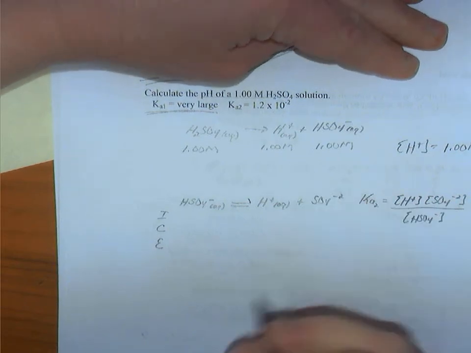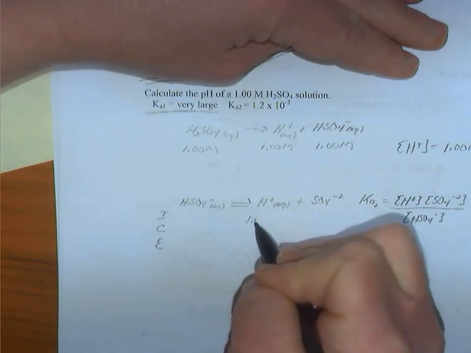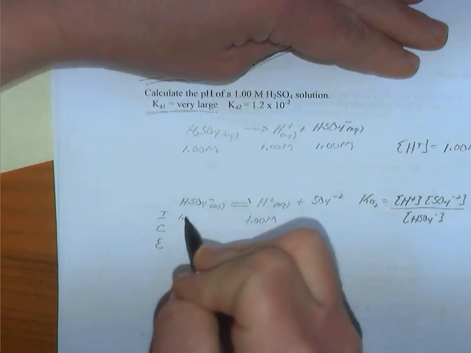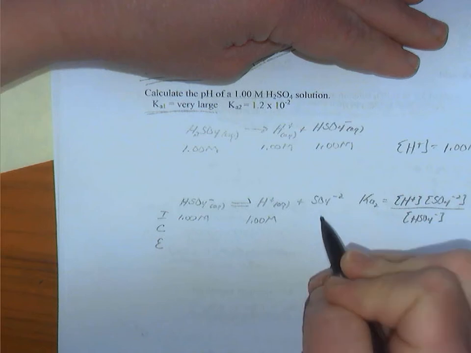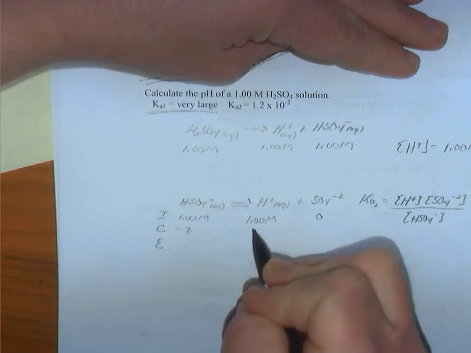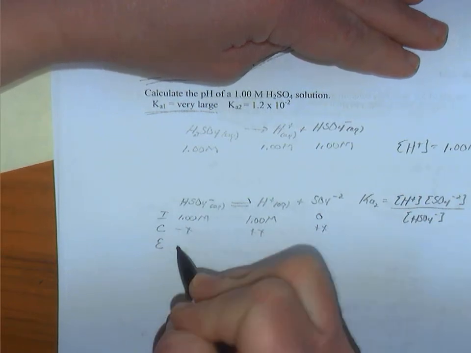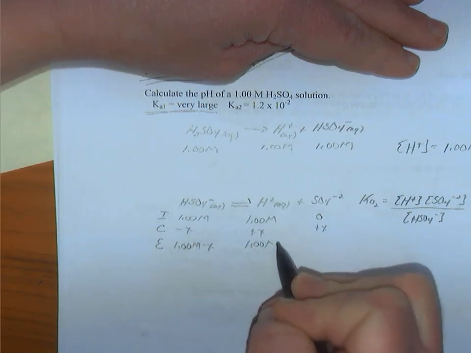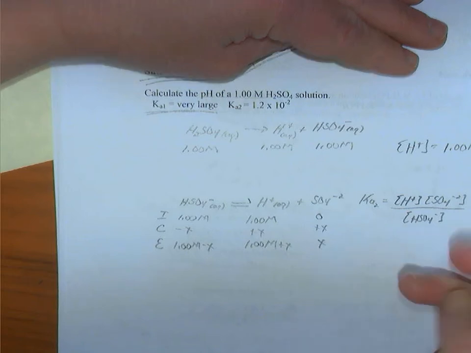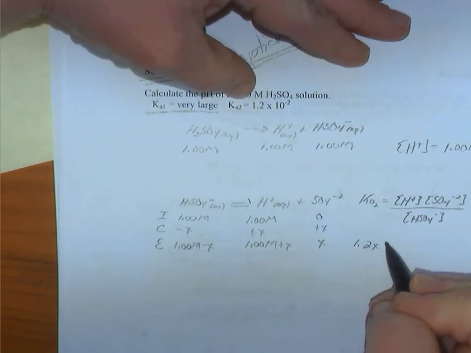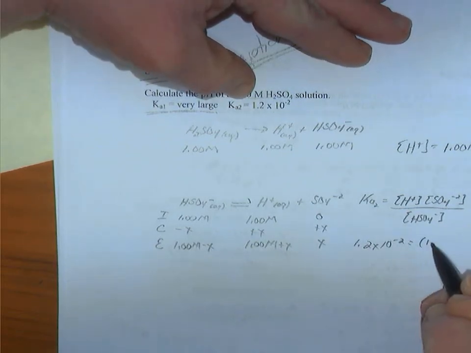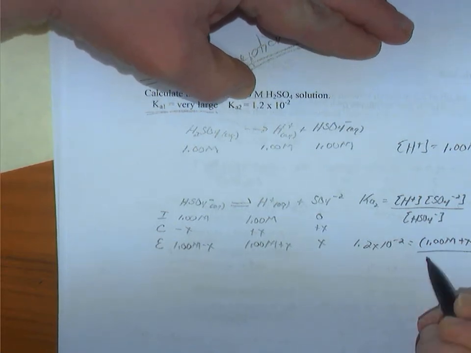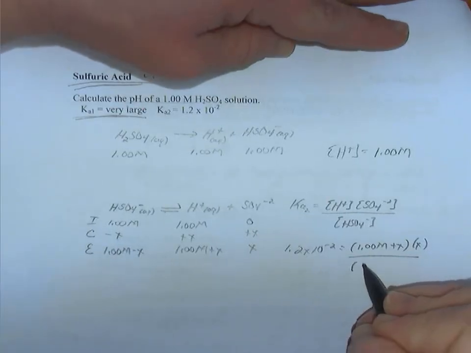However, even if we have the presence of 1 molar from the complete ionization of that, and we start with 1 molar of this, we will get substantially enough per this Ka, 1.2 times 10 to the minus second. And we can see where we're going with this, but we'll go ahead and do the work.